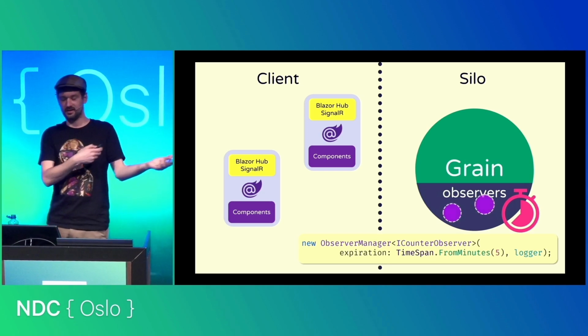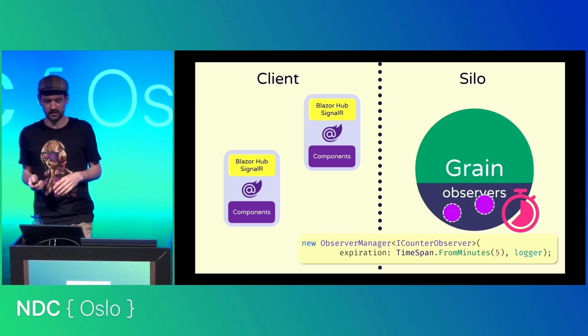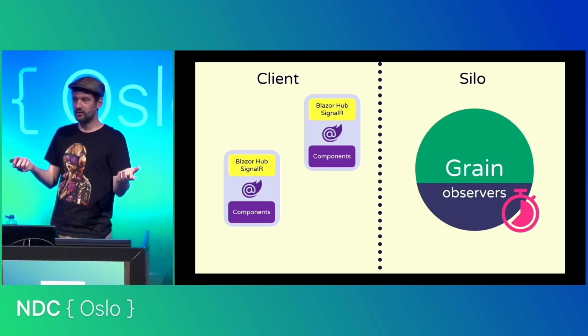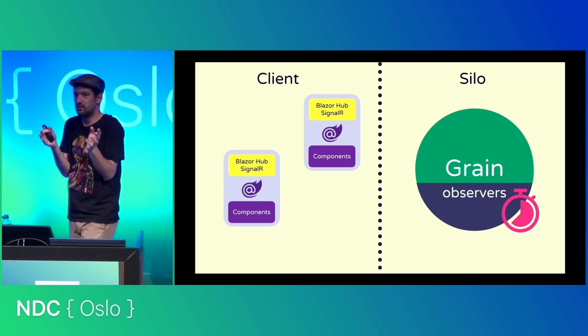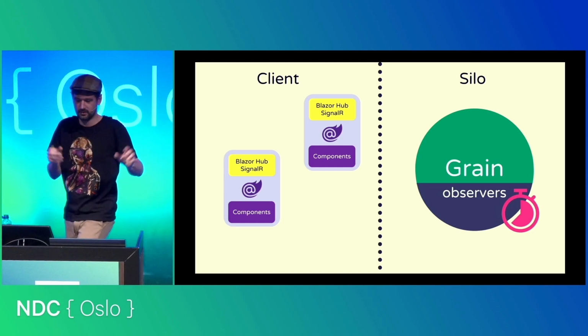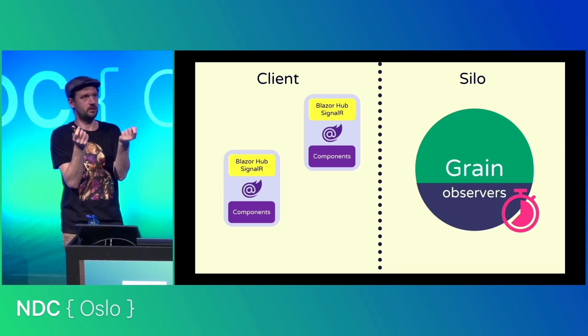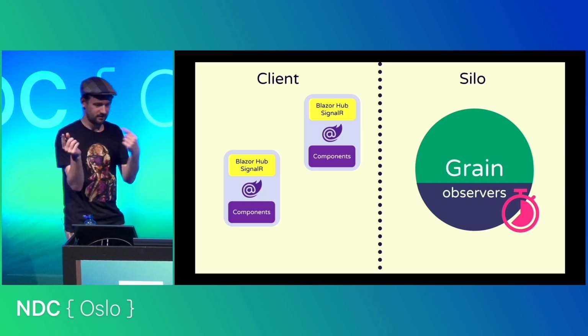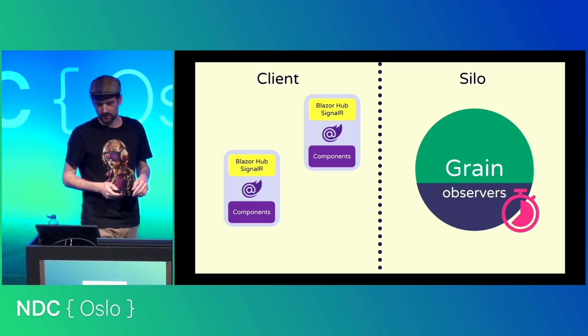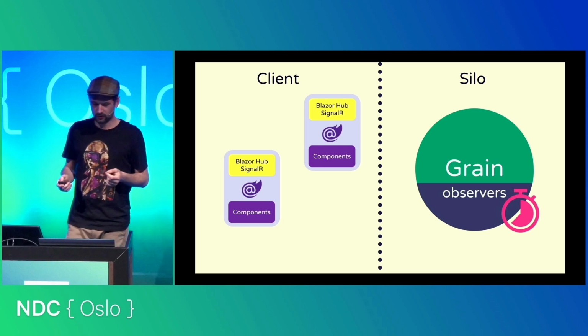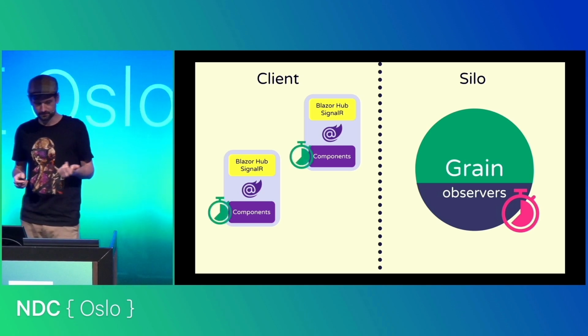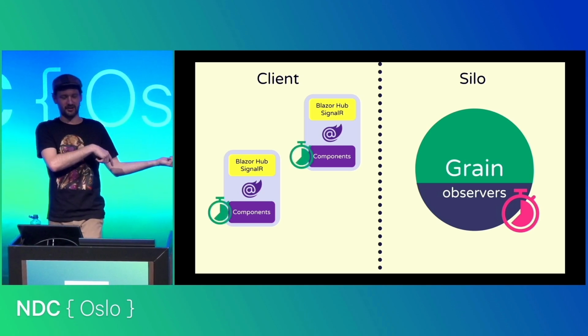So after 5 minutes, if that's what you configured, it will clean up those observers because it doesn't know whether it's still there. There's no check: is it still there? So what you will need to do on the client side is also add a timer.